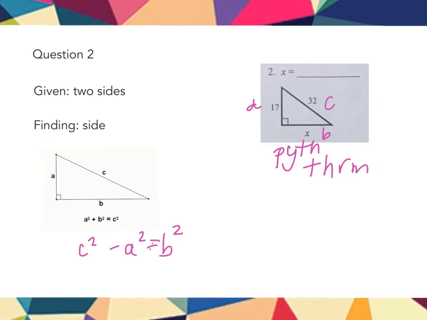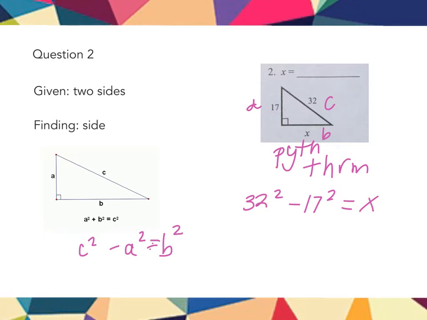All right, so we're actually going to subtract the squared leg from the squared hypotenuse. We'll definitely want to use a calculator for this to do the math. So that's going to be, we said our hypotenuse is 32. So 32 squared. The leg we're given is 17, so minus 17 squared is going to give us our side B squared.